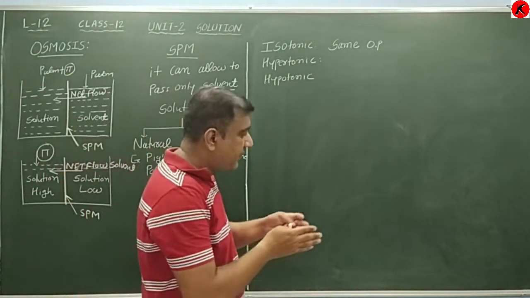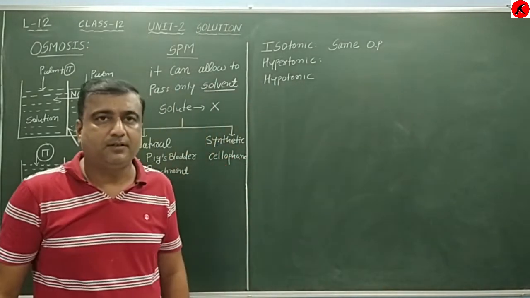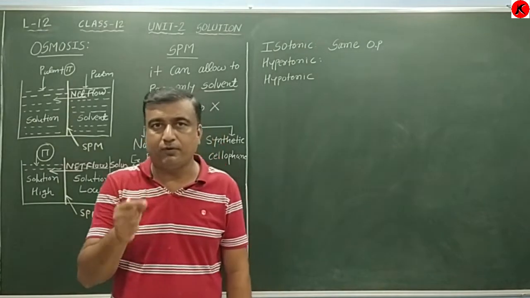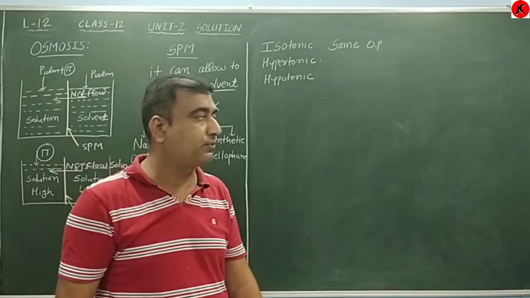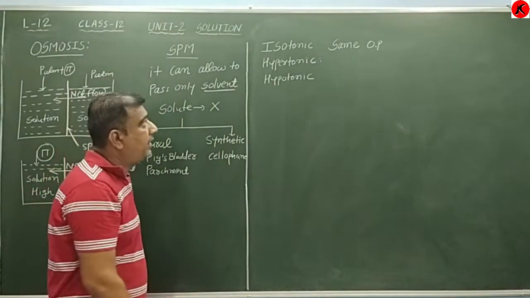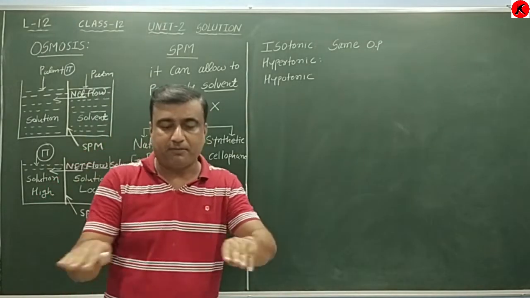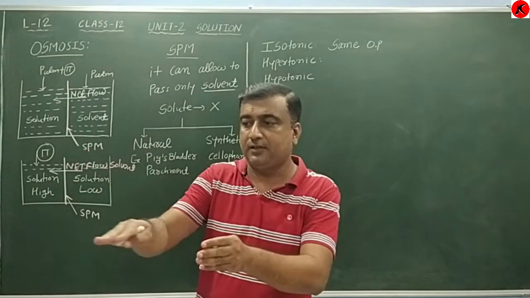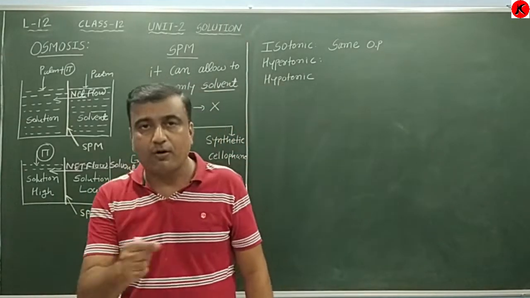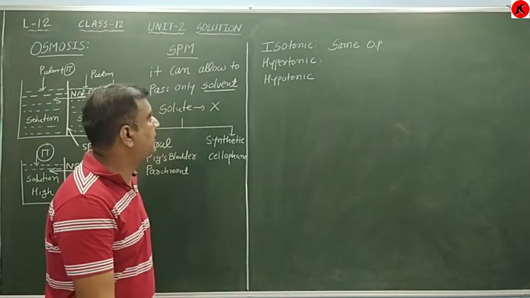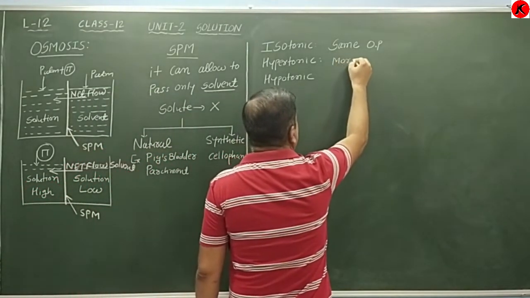That means when isotonic solutions are separated by a SPM, there is no osmosis because both solutions have the same osmotic pressure. Now hypertonic solution, hyper means more. When we compare two or three or four solutions, the solution which has more osmotic pressure is known as a hypertonic solution.